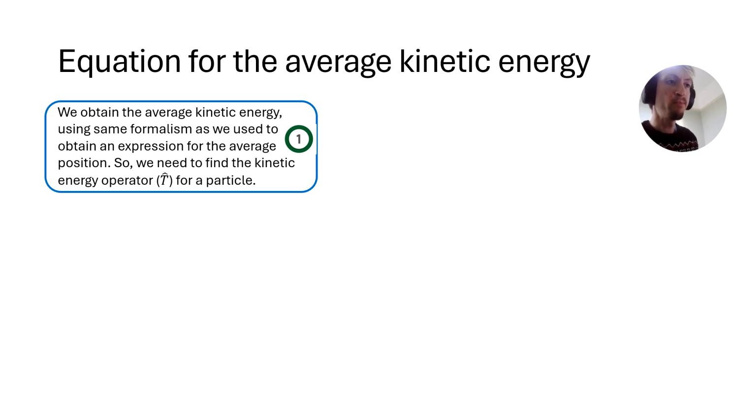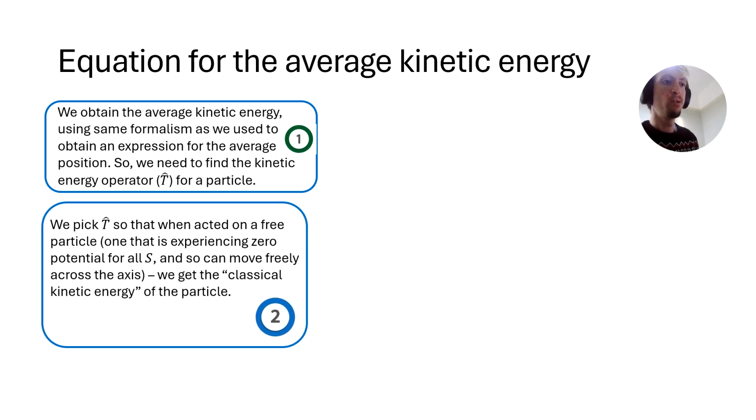That is, for a free particle, the kinetic energy operator guarantees that the kinetic energy for the free particle will always be measured to be a half mv squared. And the form that this kinetic energy operator then has to have is this form.